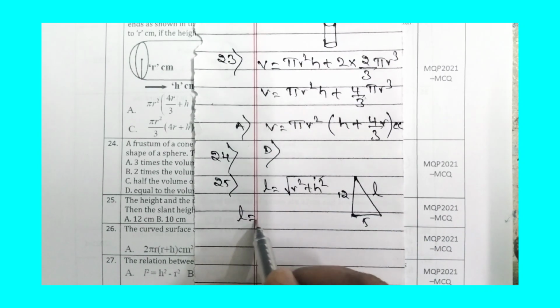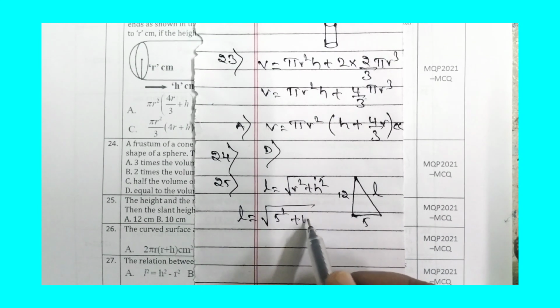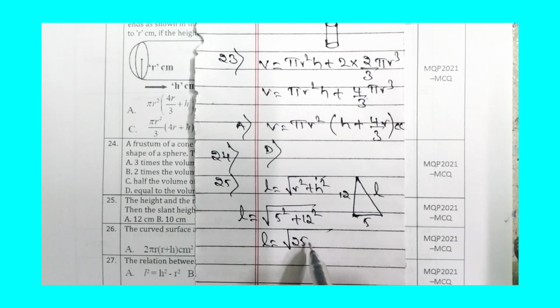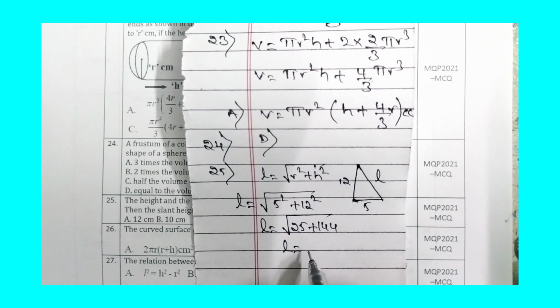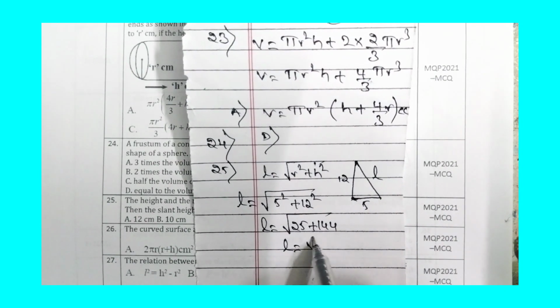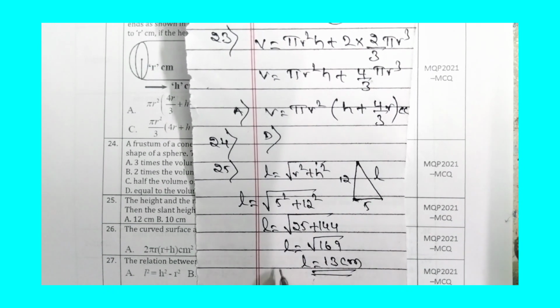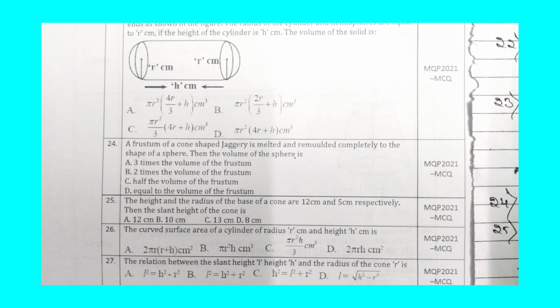L is equal to square root of 5 square plus 12 square. So L is equal to square root of 25 plus 144. So the slant height is square root of 169. L is equal to square root of 169, which is 13 centimeter. Therefore option C, 13 centimeter, is the right answer for the 25th question.